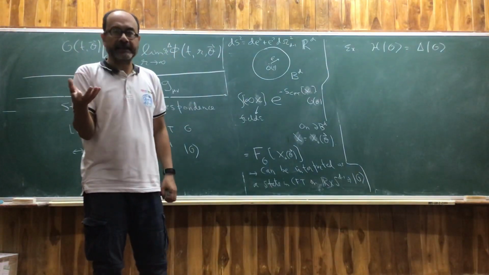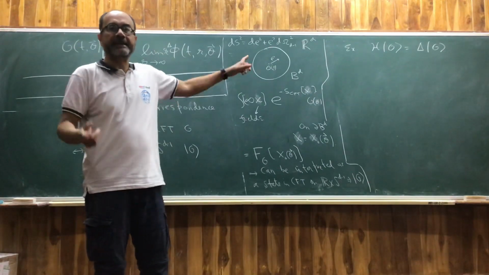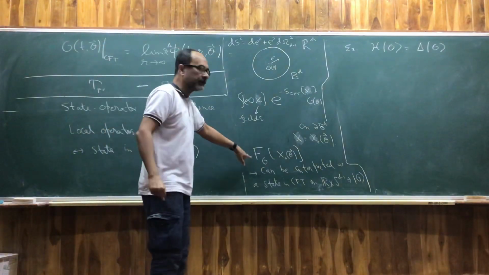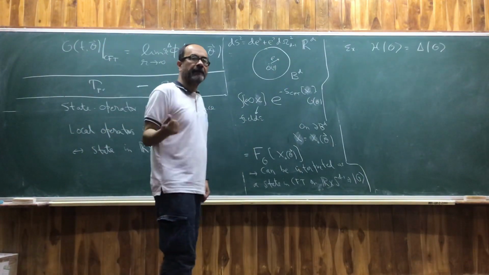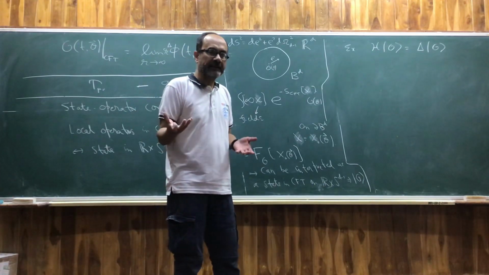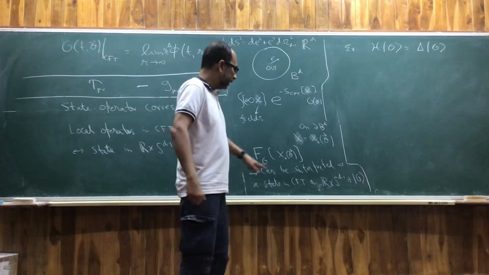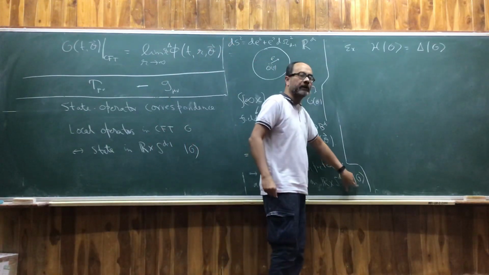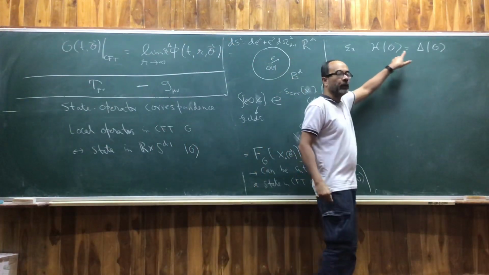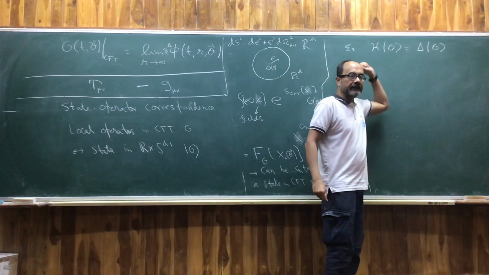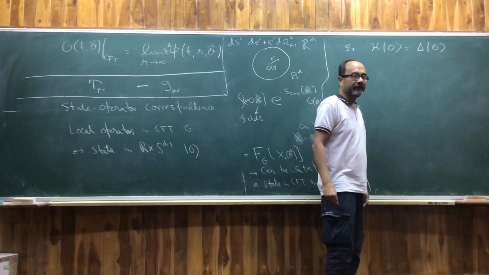That's the dictionary: given an operator, how do you construct a state? You first construct this functional, and then interpret the functional as a wave function, which in turn describes a state. And then it's a little more work to show that the state that you construct this way is an eigenstate of the Hamiltonian with eigenvalue delta, where delta is the dimension of the primary operator.